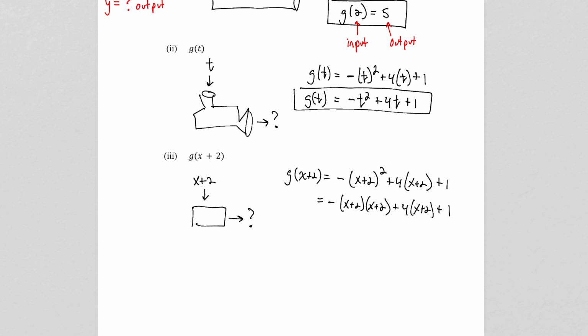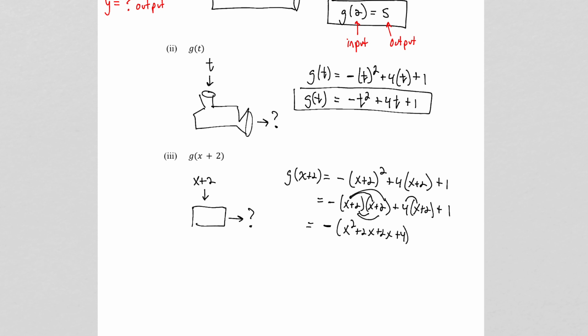I expanded the exponent, and I'm going to multiply all this out for you. We have a negative sign out front, which I do not want to lose. I'm going to double distribute this, so this becomes x squared plus 2x plus 2x plus 4. Now I'm going to distribute the 4 also.